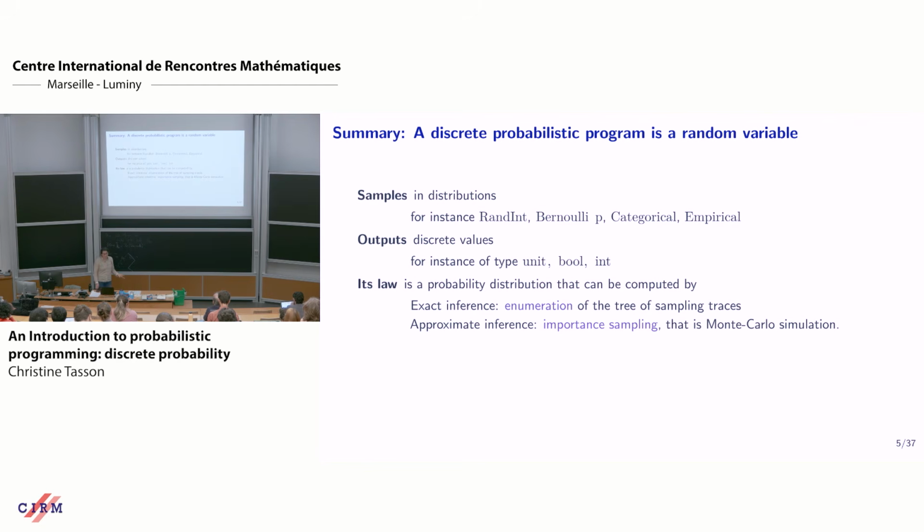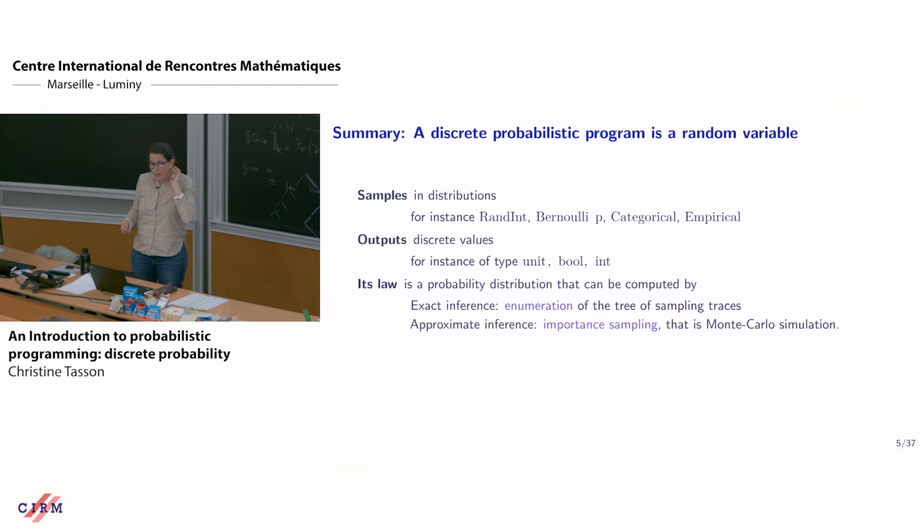The outputs are discrete, so they are taken in Booleans or integers, and that's why they are discrete random variables. And we are interested in computing their law. We can compute it by exact inference if the trace tree is finite and the enumerating tree is finite. And if not, we need to use an approximate inference algorithm like importance sampling, which is using Monte Carlo simulation.